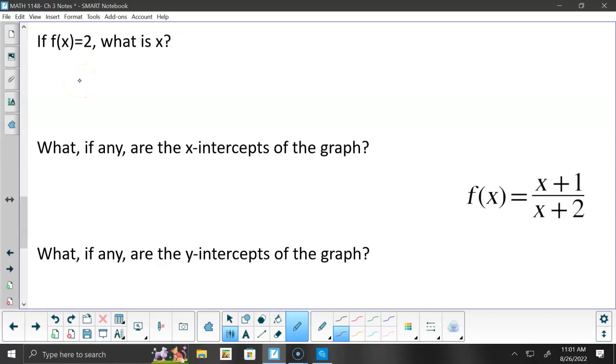For this first one, do we have any ideas how we want to solve it? Equal 0? You're on the right track, but instead of it equaling 0 for x-intercepts, I'm going to set it equal to 2. So 2 equals x plus 1 over x plus 2.